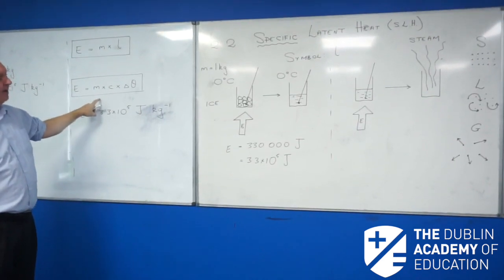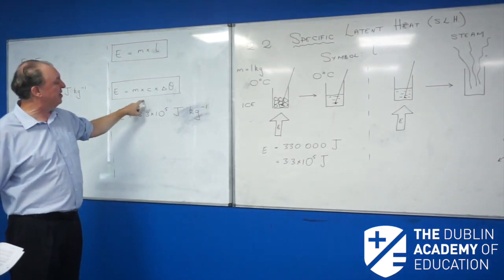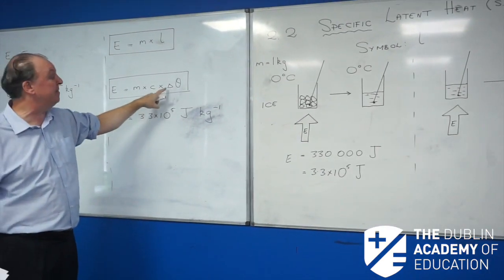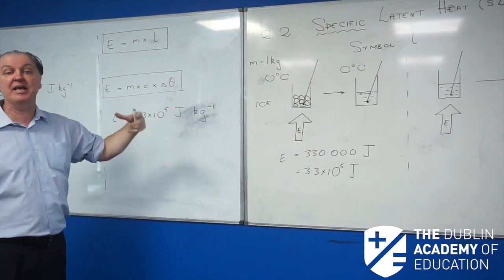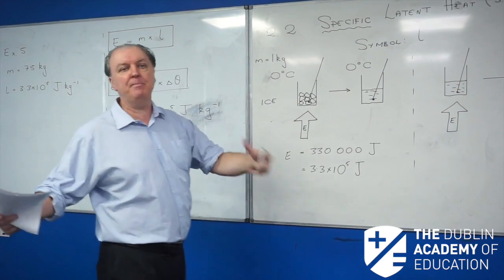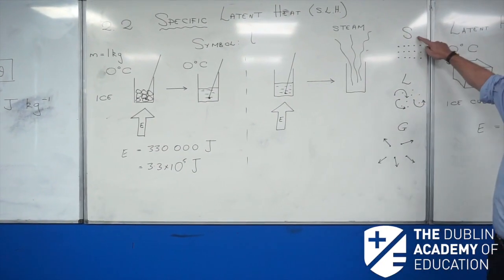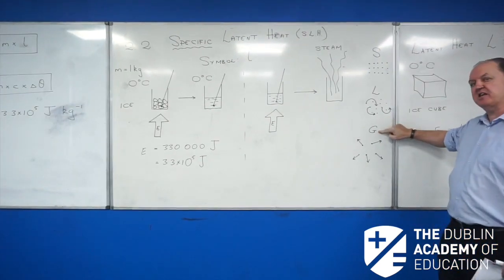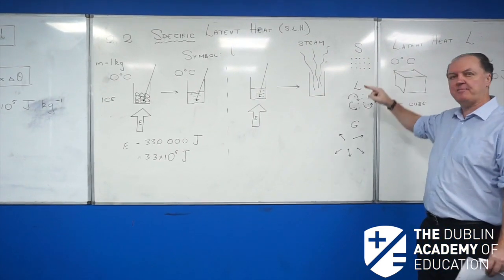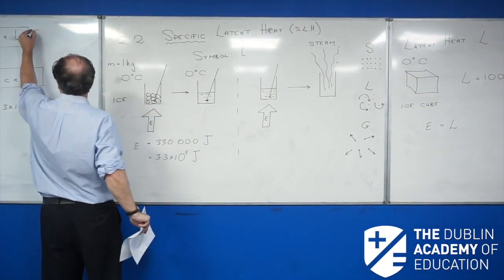So there's another formula that we have, the formula that we had in the first lesson. And basically we use that formula anytime the temperature changes, but it stays in the same state. And what do I mean by states? Well, here are the states. S is solid, L is liquid, and G is gas. Anytime I change state, I'm going to use E equals mL.